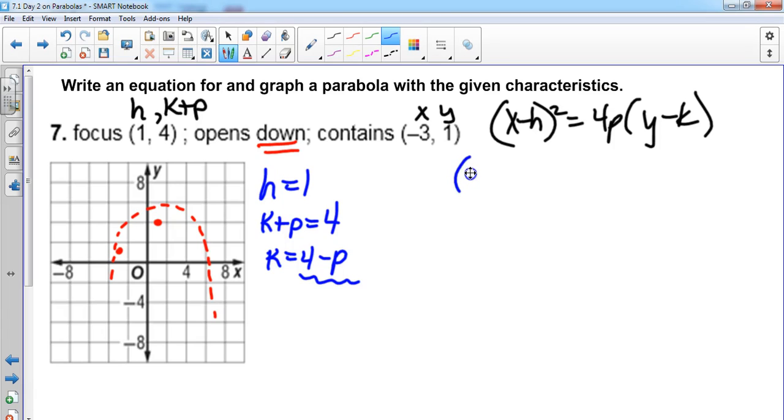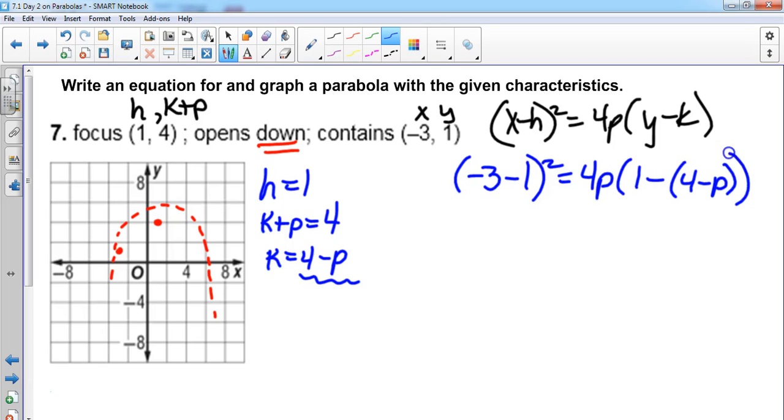Okay, what's x? X is negative 3. H is 1. P we don't know. Y is 1 minus, what's K? 4 minus P. Okay, how many steps can we skip?